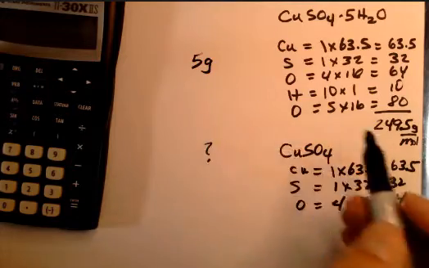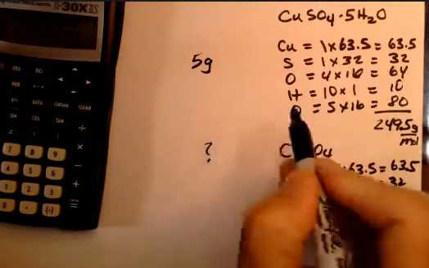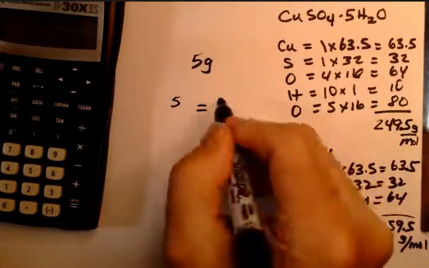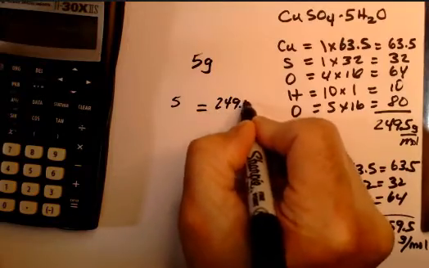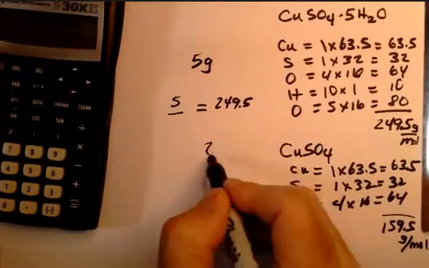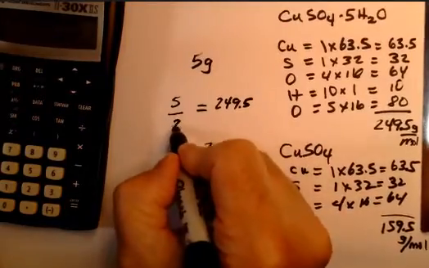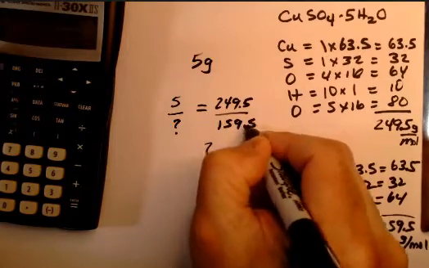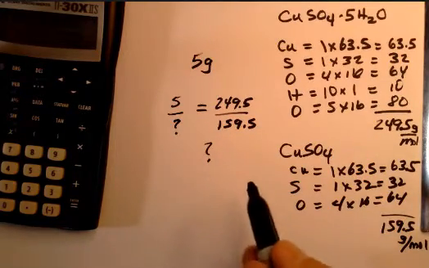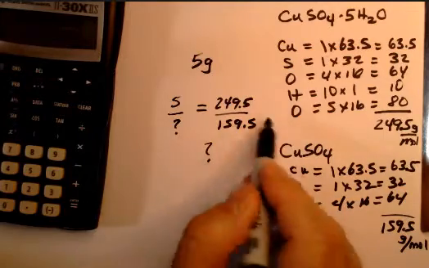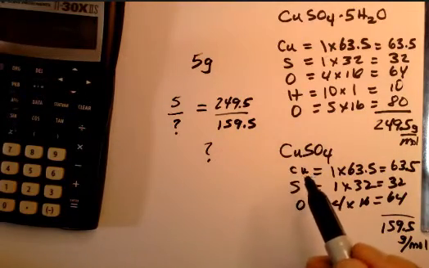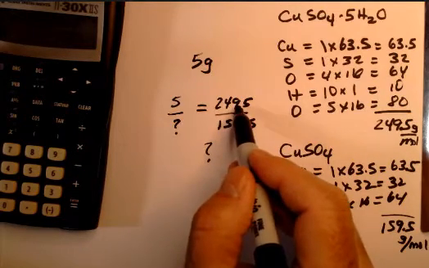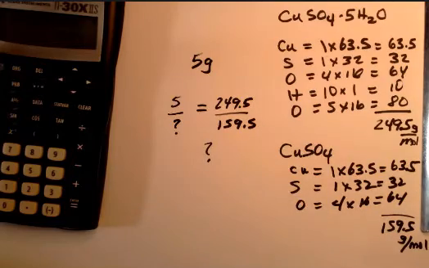I said 5 grams is to 249.5 as this question mark, which could be X, is to 159.5. And to solve this mathematically, I just cross multiplied. 5 times 159.5 divided by 249.5 will give me my answer.